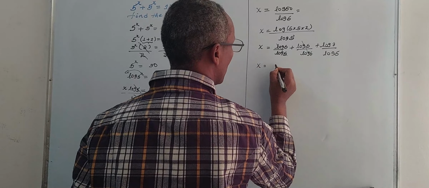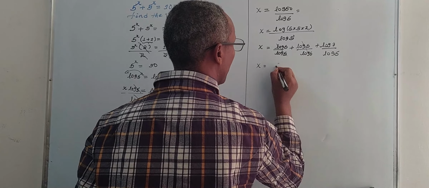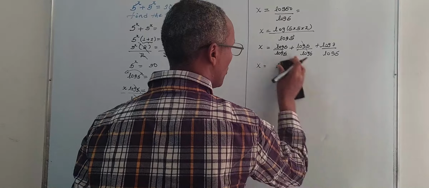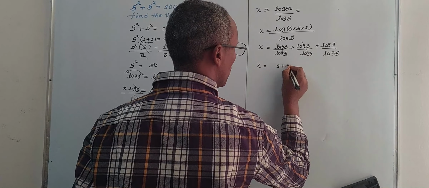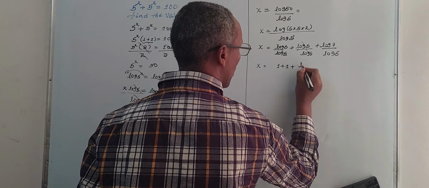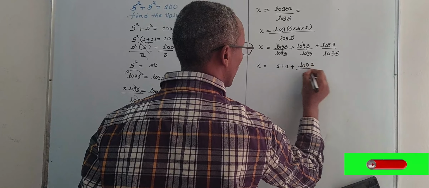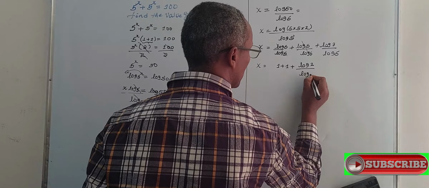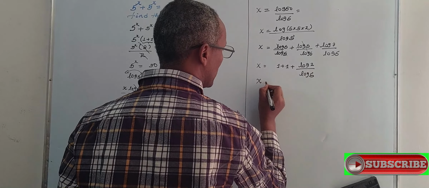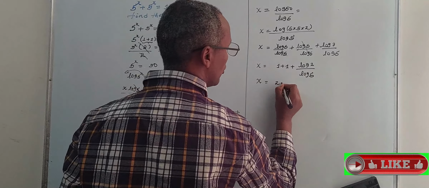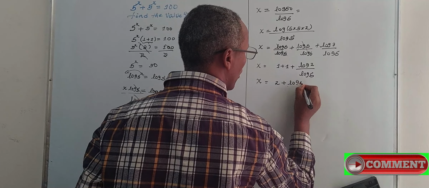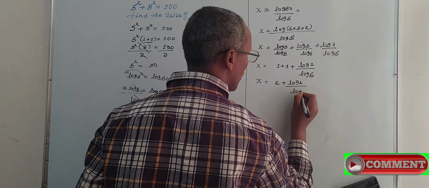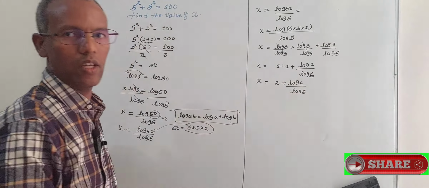So x is equal to 1 plus 1 plus log of 2 over logarithm of 5, okay. Now x is equal to 2 plus log of 2 over log of 5, okay. That is what you can get.